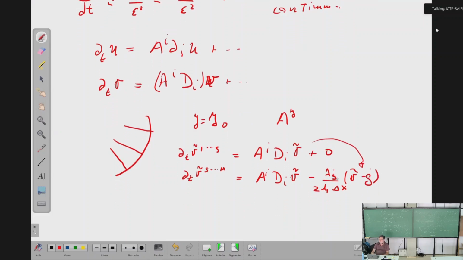So this is a way you put the boundary conditions. This is not trivial to do, because in general you are not in the basis where these are the eigenvectors of this matrix. So in the boundary you have to go to the eigenvalue basis, do this calculation, and at the end you return. So there is a base transformation here. You go to this base, do this calculation, and then go back, okay?